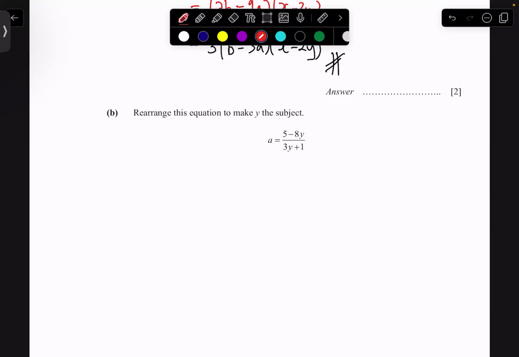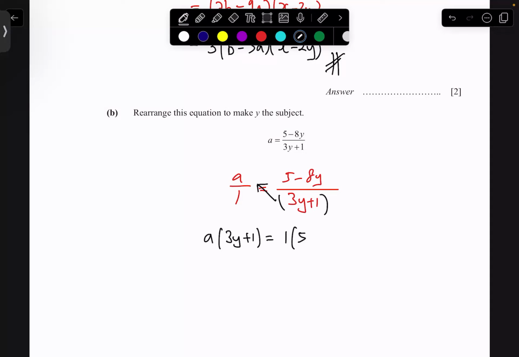So what am I going to do? I'm going to cross multiply. So that means I will have a over 1 equals 5 minus 8y over 3y plus 1. Think of it this way: the denominator, everything goes up. So I will have a bracket 3y plus 1 equals 1 goes up into 5 minus 8y.